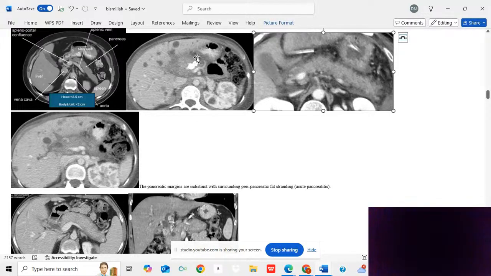However, here the pancreatic margins are indistinct. You can't identify the pancreatic margin from the surrounding fat. Can you see the peripancreatic fat stranding here? This is an example of acute pancreatitis.